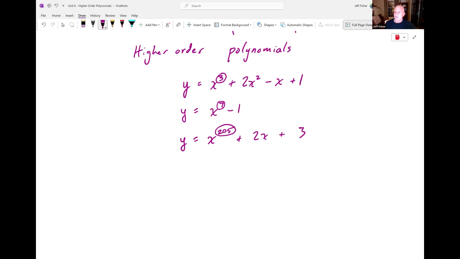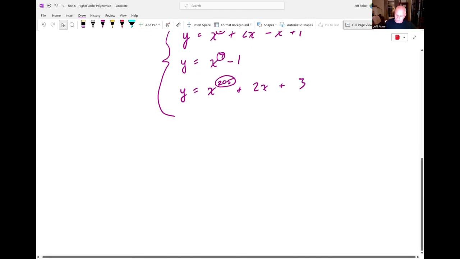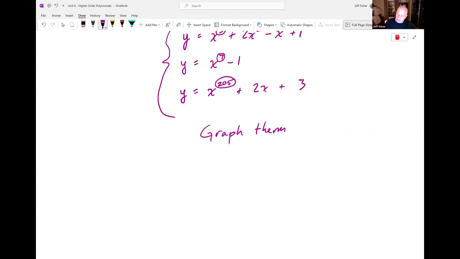And what we want to do today is we want to learn not too much about these types of things because they can be very complicated and there's so many to pick from. But we want to learn how to graph them. And how do we graph them? We use two primary things.